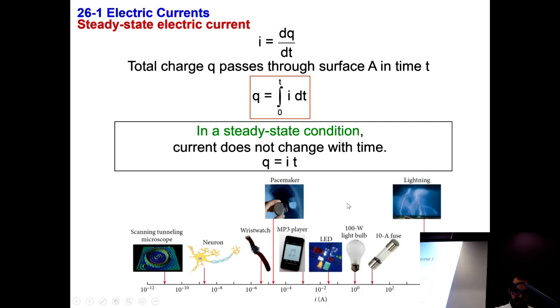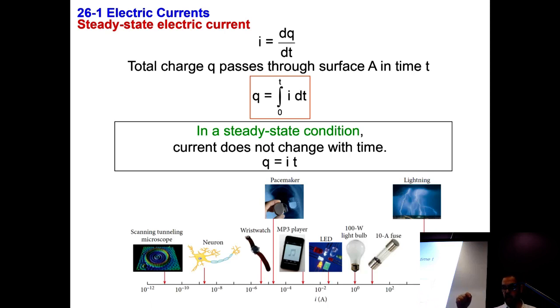These are some typical values of currents we encounter. If you are using a scanning electron microscope, the current is in the picoamps. The neurons in our body communicate between nerve cells through the movement of an action potential.